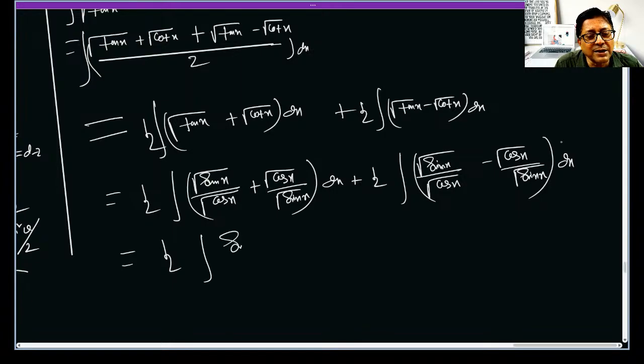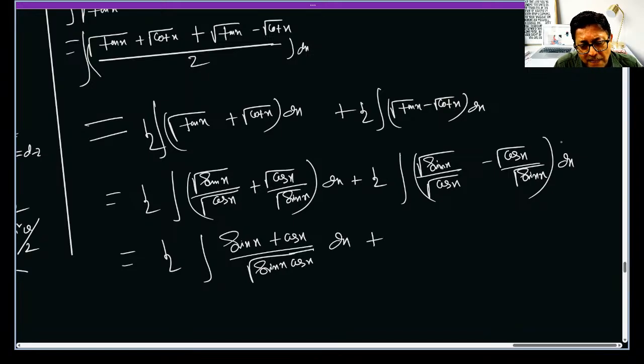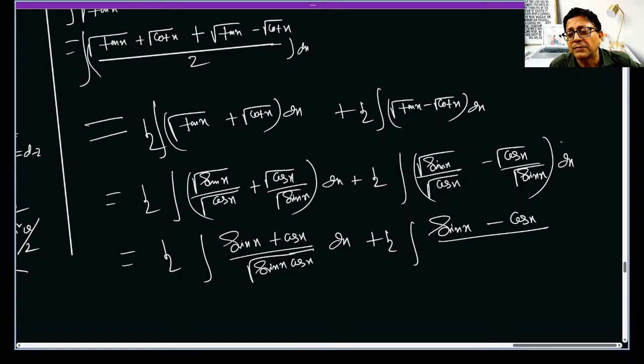So this will be sin x, take LCM and write this. Clear? Half into sin x by under root. Okay, done.